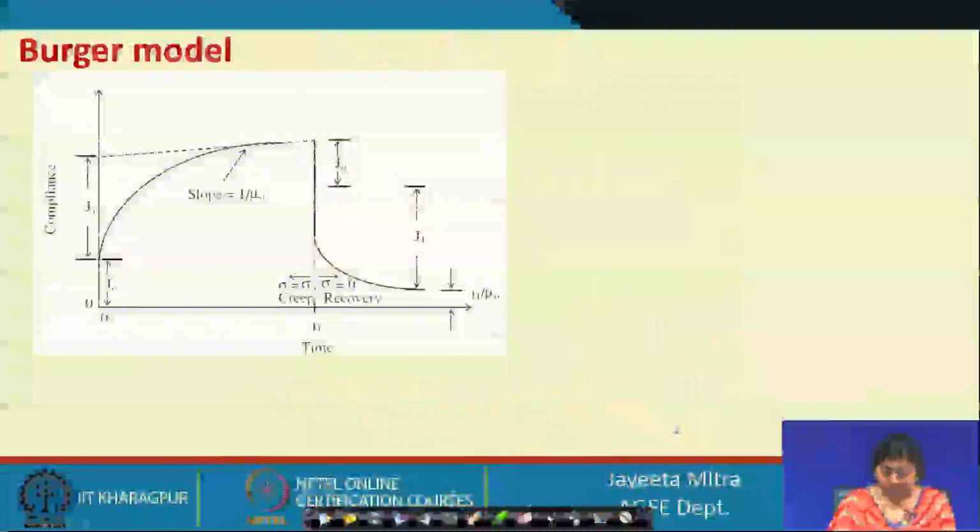We have discussed the modulus of elasticity, that is stress versus strain. If we take the reverse function, that is strain versus stress, that is called the compliance. Here J is used to measure the creep compliance, that is the strain versus stress for the creep test that we are getting.